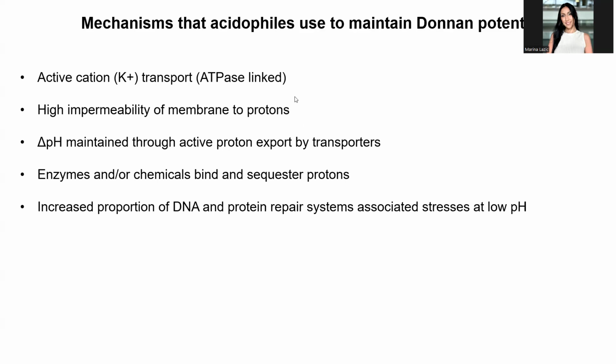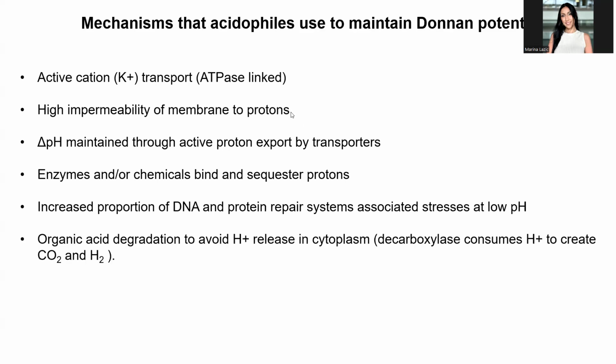And yeah, they can also have multiple DNA repair mechanisms, because DNA gets damaged at low pH, so they have repair mechanisms to fix macromolecules. You remember how I talked about that decarboxylase that can be developed as a response. It also exists in real acidophiles.